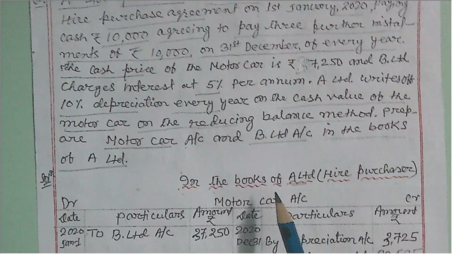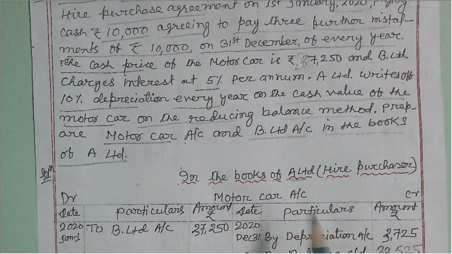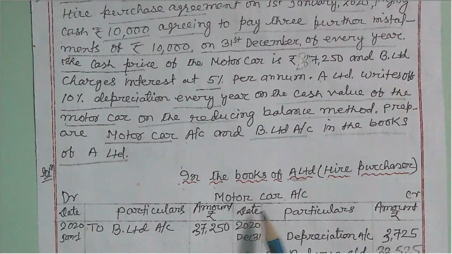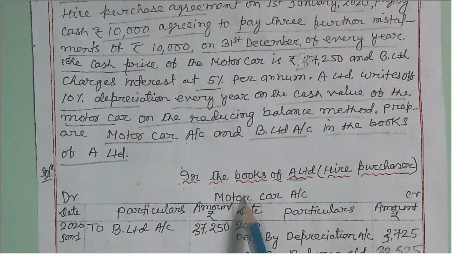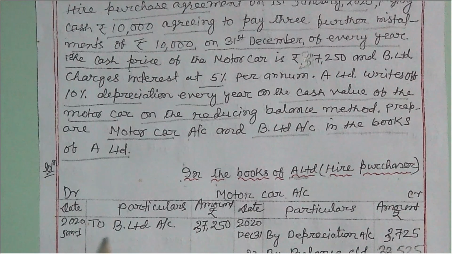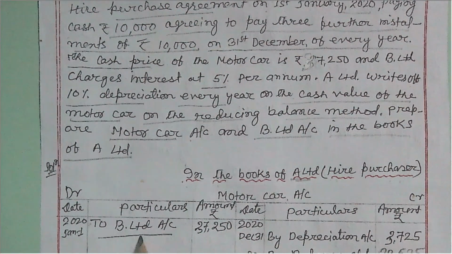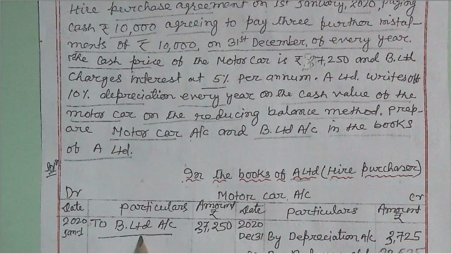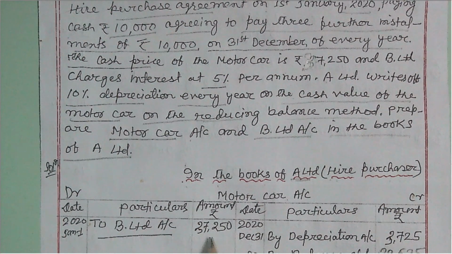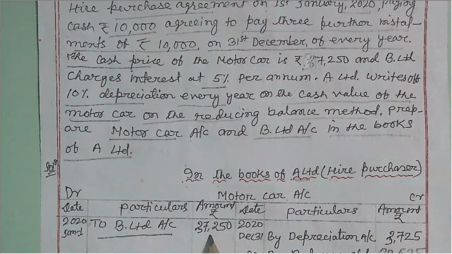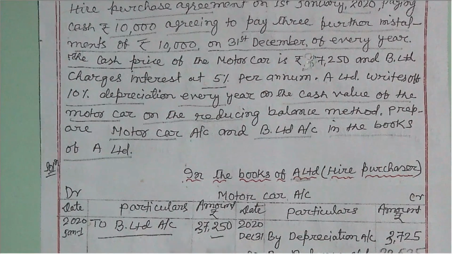When the motor car asset is purchased, if you pass the journal entry, then motor car account is debited and B Limited account is credited. B Limited is the hire vendor because the transaction is purchased on credit, and the cash price of the motor car is 37,250.